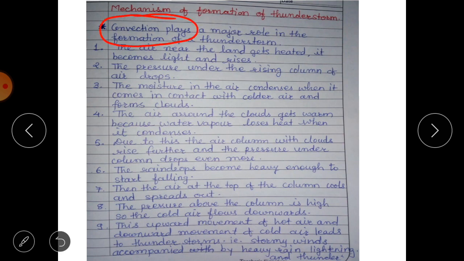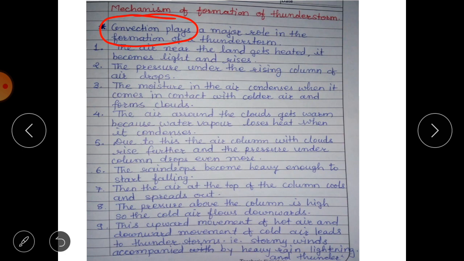Convection plays a major role in the formation of a thunderstorm. Now what is convection? If you have seen my previous videos, then you will know this topic. Convection is a process of transfer of heat by the actual movement of particles, and convection occurs in fluids, that means gases and liquids.